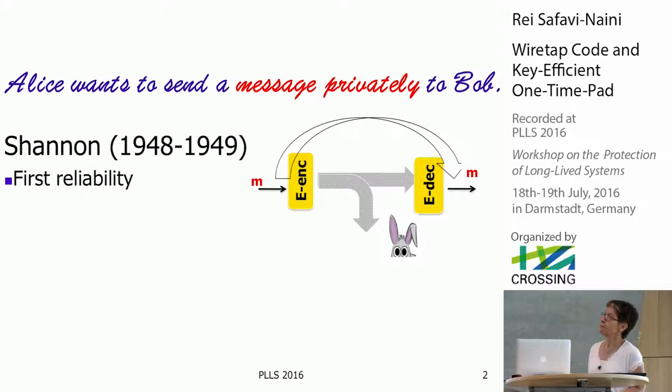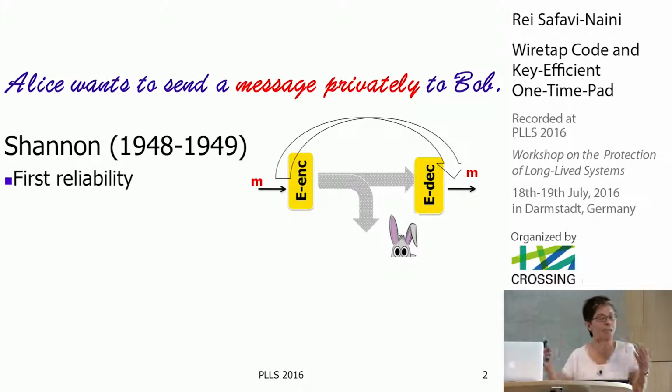The way Shannon solves the problem is, first, he invents information theory and shows how to do error correction. He proposes that there is an error-correcting code that you can use to have error-free communication between Alice and Bob.